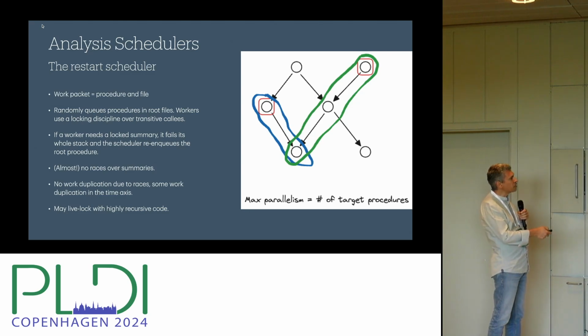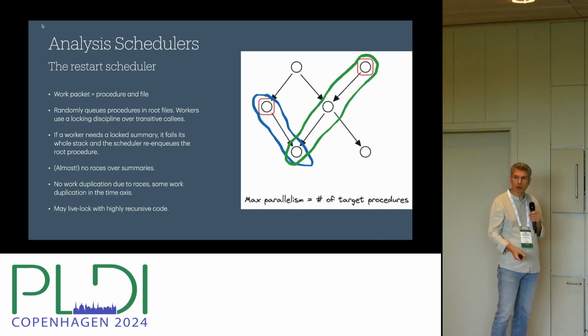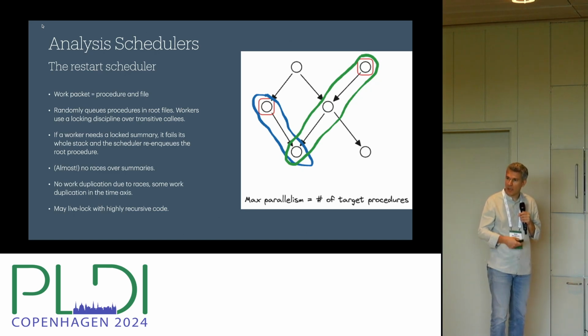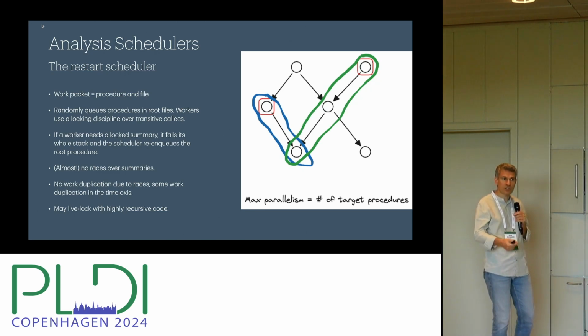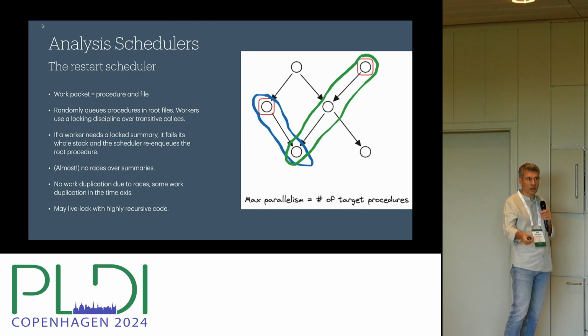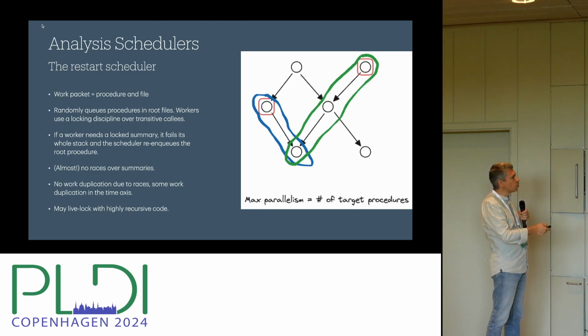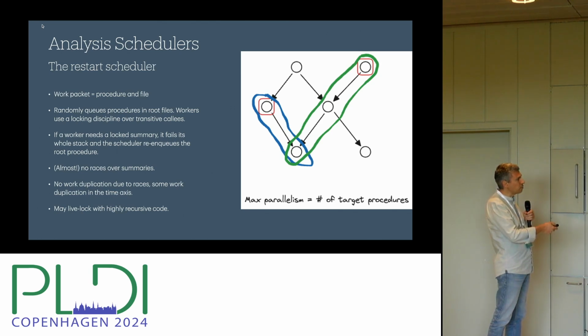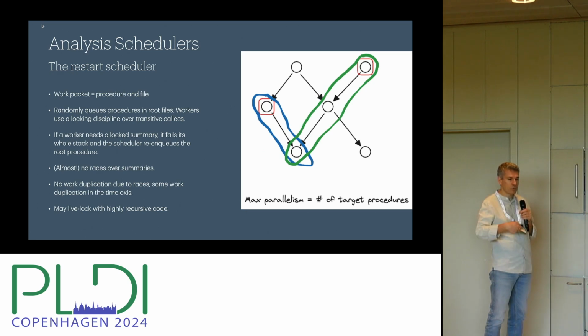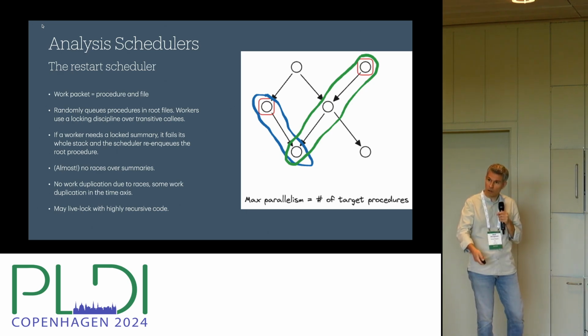But what happens is that when a worker starts analyzing a procedure, it will put a lock on it until it has finished writing its summary, and that's when it will unlock it. So let's say this worker starts, it will lock this procedure, and it sees that it has a dependency on this procedure, so it will go down and take a lock on that procedure as well.